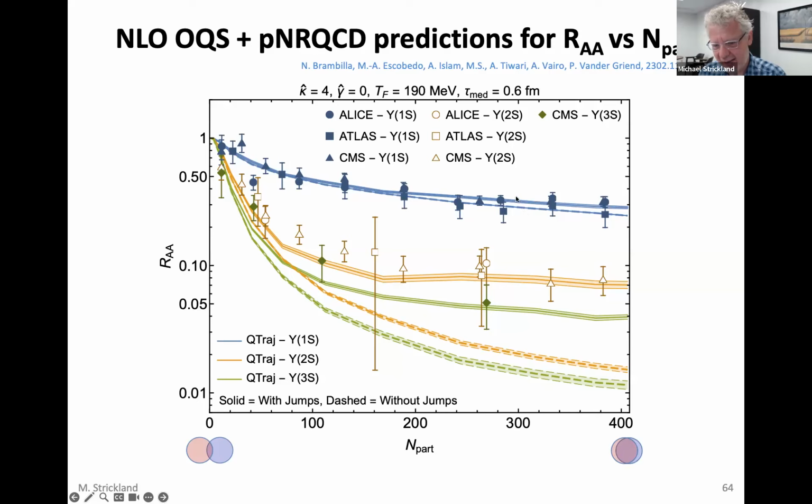There's 3 different states here. There's the 1s, the 2s in this orangey color, and the 3s is the green that's sitting here. And what you can see is that for the 1s, there is an effect from this jump. I would say that both are consistent with the data. But when you start looking at the excited states, this becomes very important. You have to include this possibility of quantum regeneration of the states, not just that they break up and never come back.